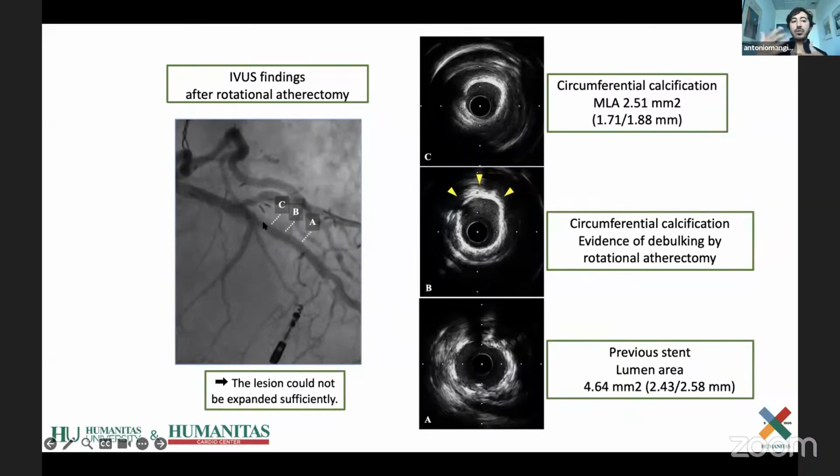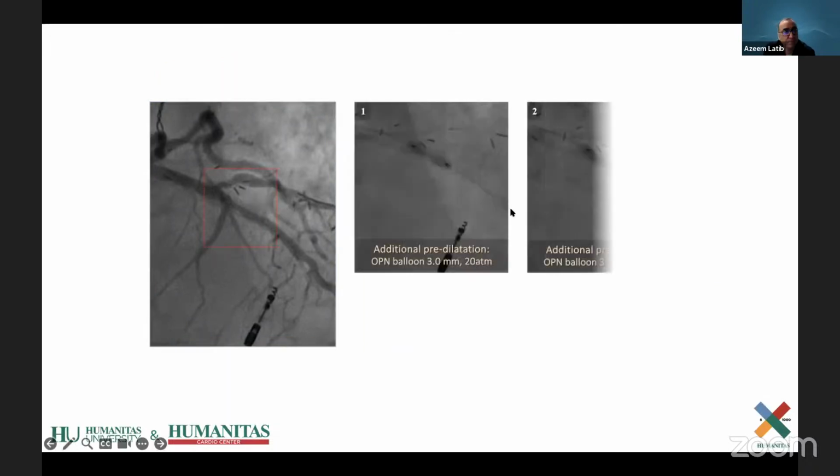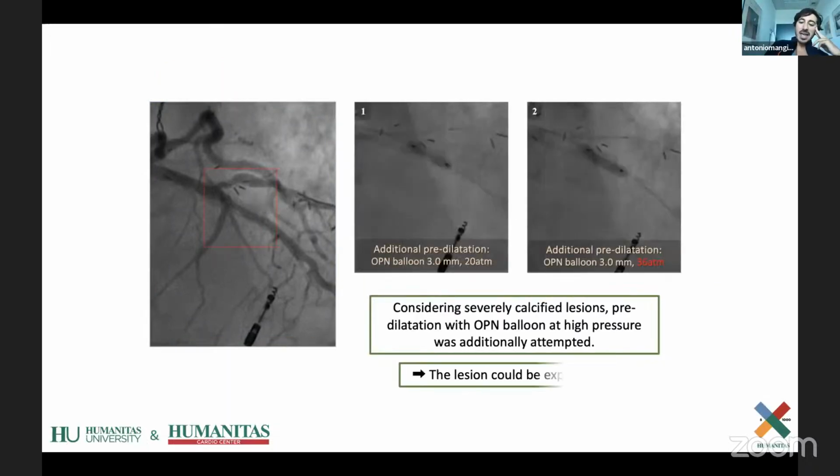But I think that you can change the technique, but essentially I would not have done it differently. Let's see what you did, Antonio. The guiding catheter, etc. I think that it's safer to go with balloon, not safer, but let's say my choice would have been to go with the lithotripsy. In this case, the predilation was performed with the OPN balloon.